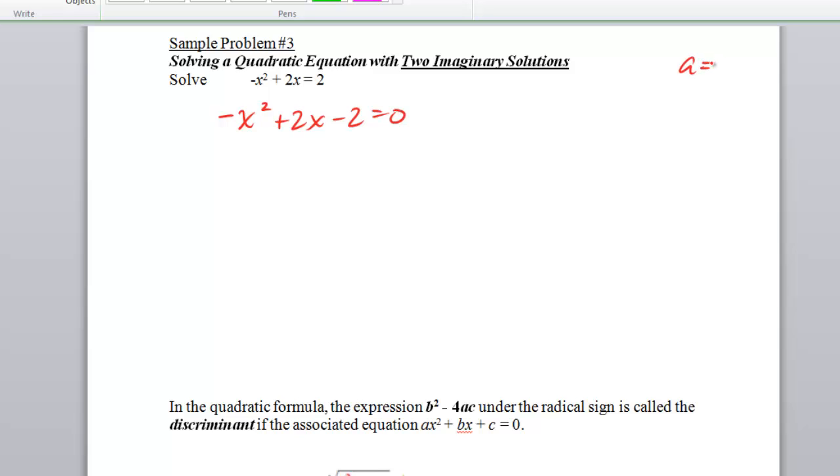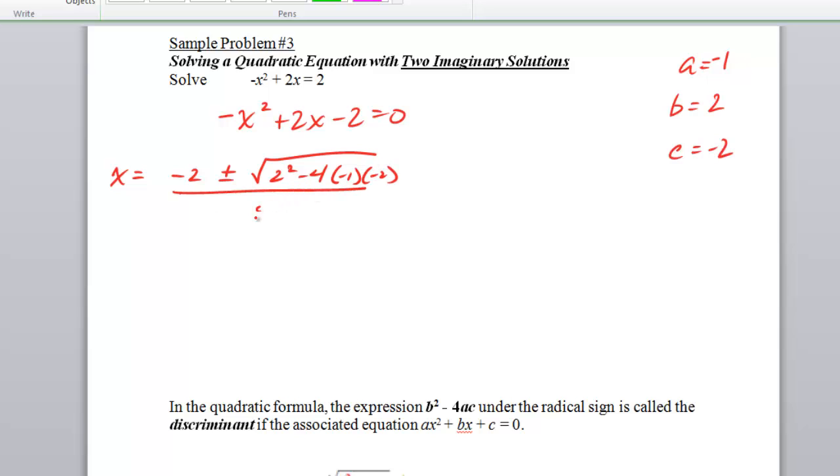So if you want to do a equals negative 1, b equals 2, and c equals negative 2, we can plug that into the quadratic formula. Negative 2 plus or minus the square root of 2 squared minus 4 times negative 1 times negative 2, all over 2 times negative 1.